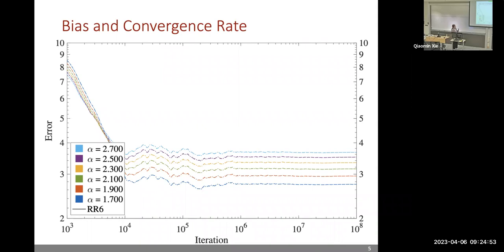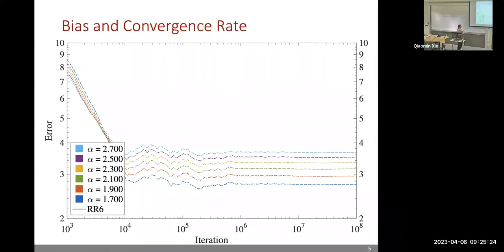First, for all these different step sizes, the sequences eventually converge; we observe that it becomes flat. Second, even as the iteration continues, the error doesn't decay with the iteration. It remains at a constant level.